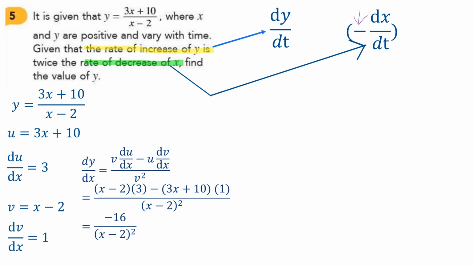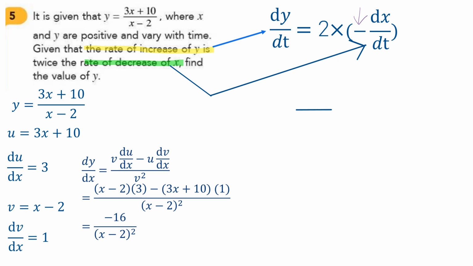Okay, so how do we put these two together? Yeah, they're connected by an equation where your dy over dt is 2 times your negative dx over dt. So that's the form of the equation. And what's the next thing you can do?